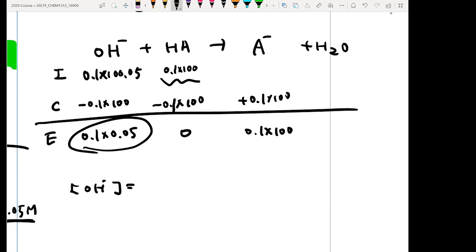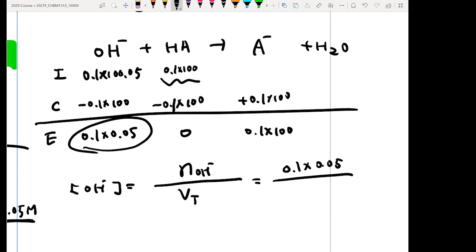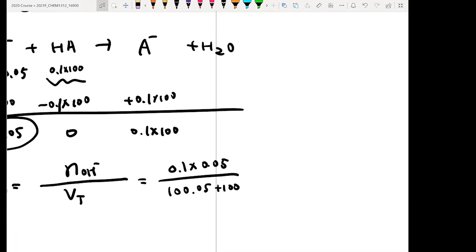Again, what we do is the number of moles of my OH minus divided by the total volume. Here the number of moles is 0.1 times 0.05, and V total is 100.05 plus 100. When you do this, you get a concentration equal to 0.0476. That's your OH minus concentration.